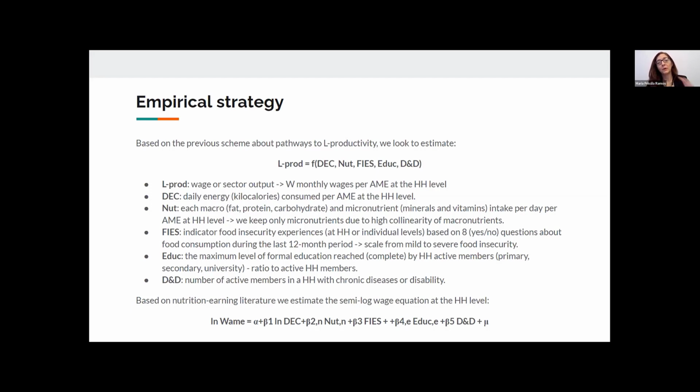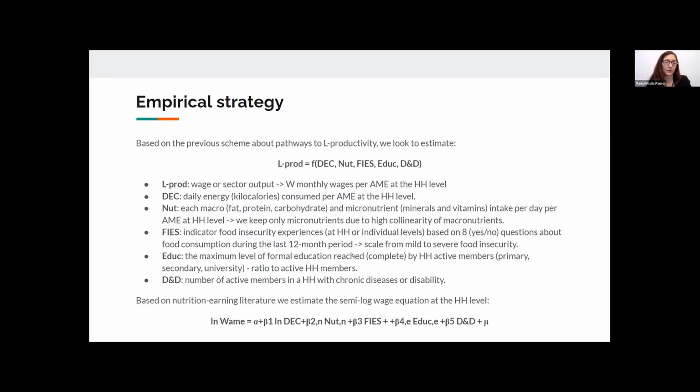So we decided to focus in this particular case on micronutrients, that is minerals and vitamins. So in the regression, we will keep all micronutrients and none of the fat, proteins, or carbohydrates.